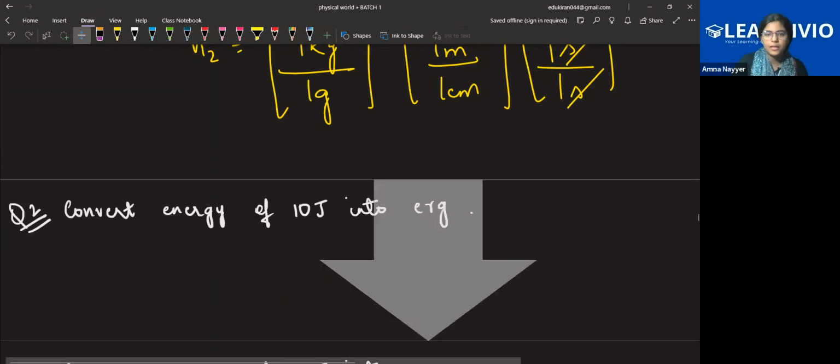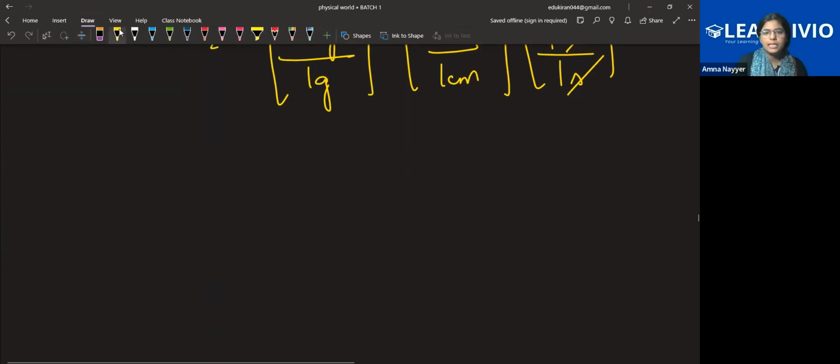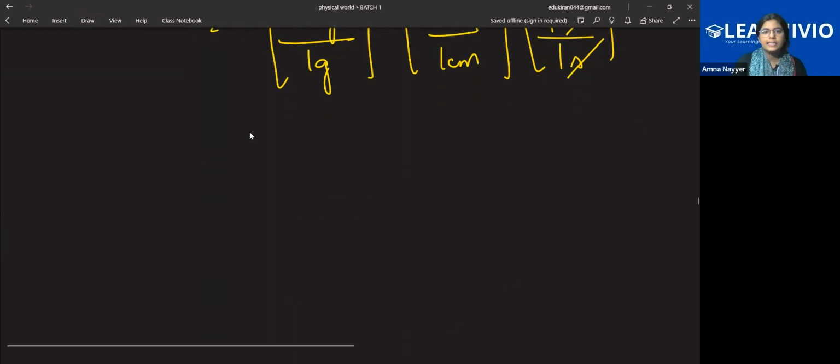Now we have to convert 1 kg or 1 gram into one of the units so that we can get it cancelled. 1 kg we can write as 1000 gram.